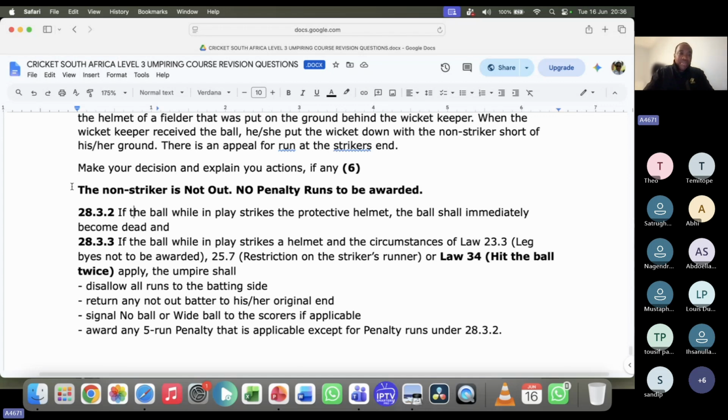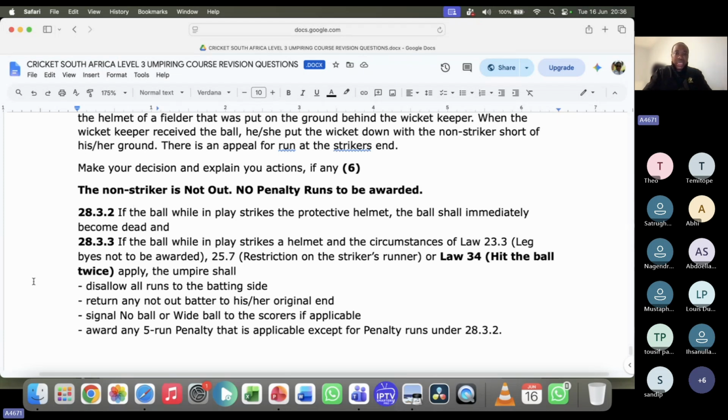Why? If the ball while in play strikes the protective helmet, the ball shall immediately become dead. Well done. And if the ball while in play strikes a helmet and the circumstances of Law 34, hit the ball twice, apply, the umpire shall disallow all runs to the batting side, return any not out batter to his or her original end, signal no ball or wide to the scorers if applicable.